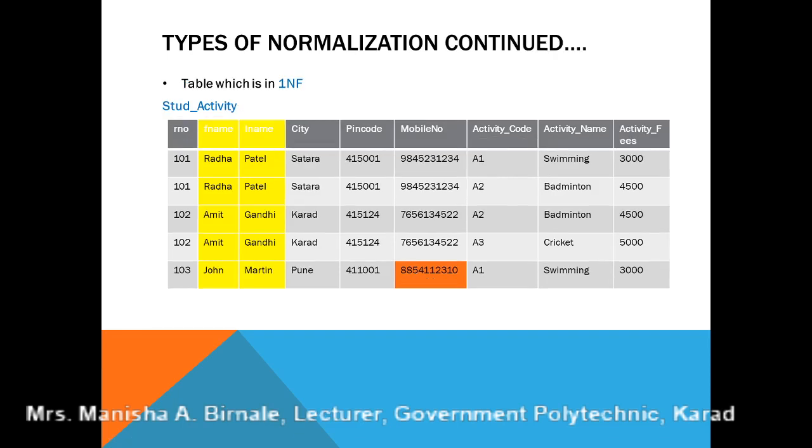We have stored only the first mobile number here. If you want to store both mobile numbers, then you have to take two columns in place of one column, mobile number 1 and mobile number 2. That is also possible. But here we have stored only the first mobile number of that student. Now this column also has atomic values, and the entire table has atomic values for each attribute. So the table is in first normal form now.